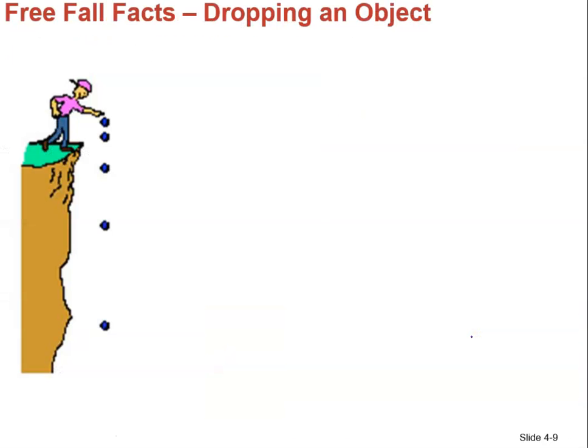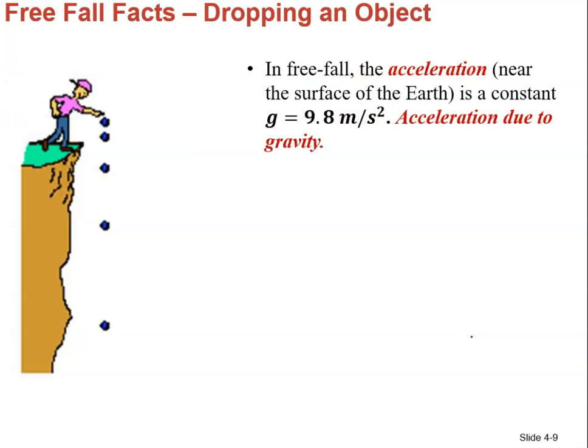All right, so these are some facts that you need to know about free fall, and when we drop an object. First, in free fall, the acceleration near the Earth's surface is a constant. And instead of a for that acceleration, we use g, which stands for the acceleration due to gravity. And that constant here at the surface of the Earth is 9.8 meters per second squared.